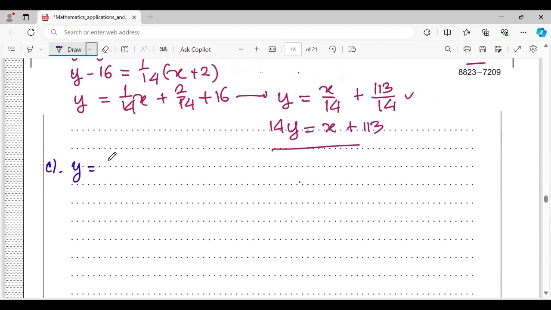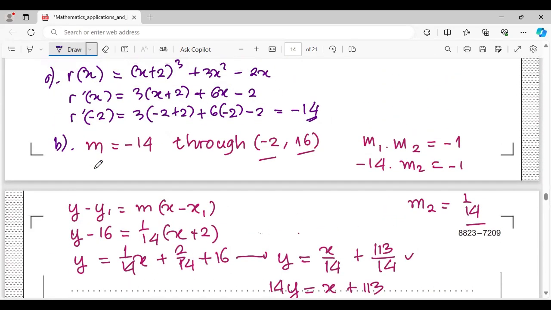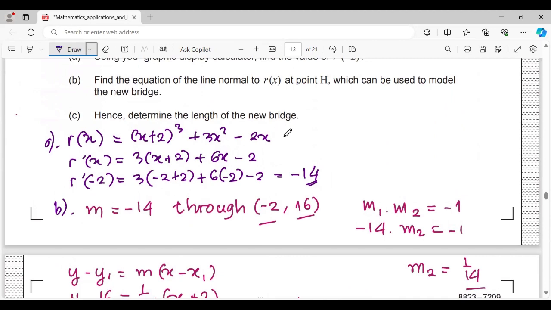This equation y equals x over 14 plus 113 over 14, and it becomes this one. Okay, so it's going to be Rx, yeah.